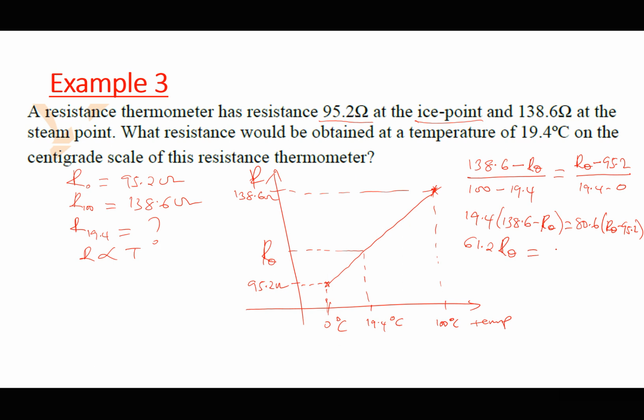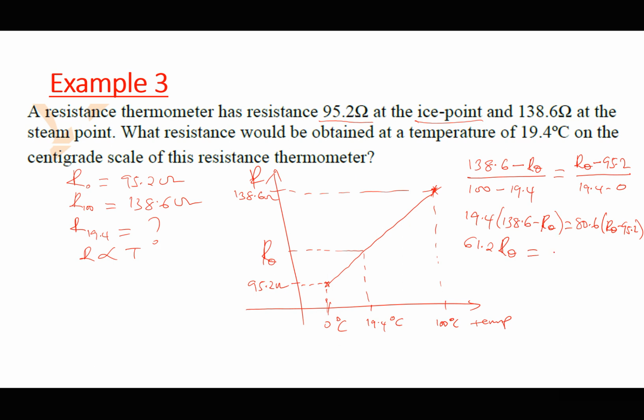The other side I have 19.4 times 138.6, and when I bring this side to be plus, I open brackets, 80.6 times 95.2.